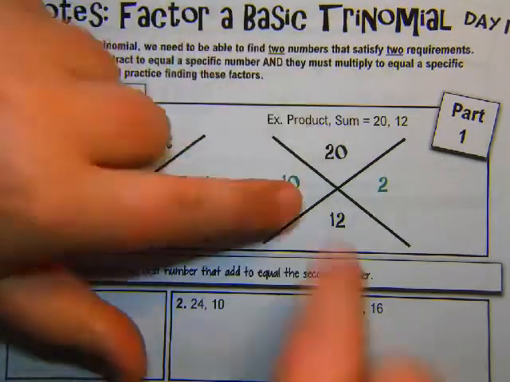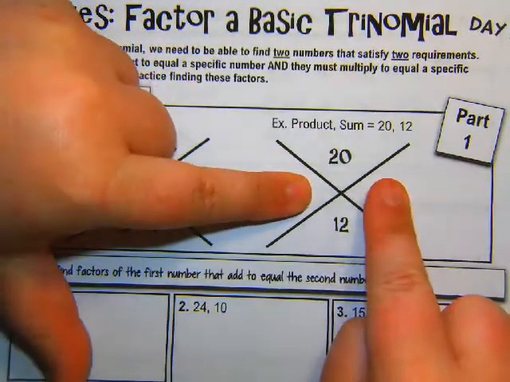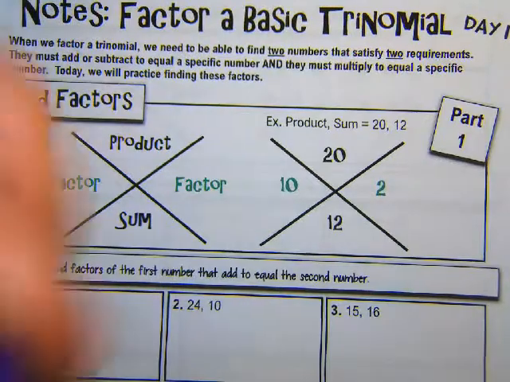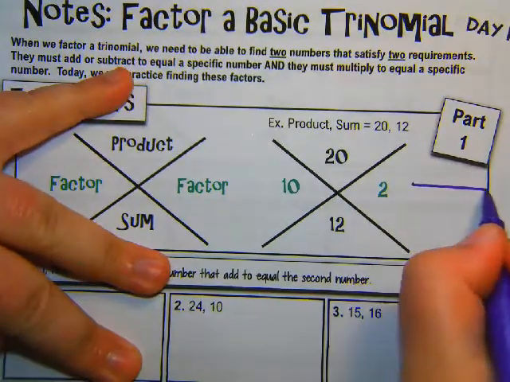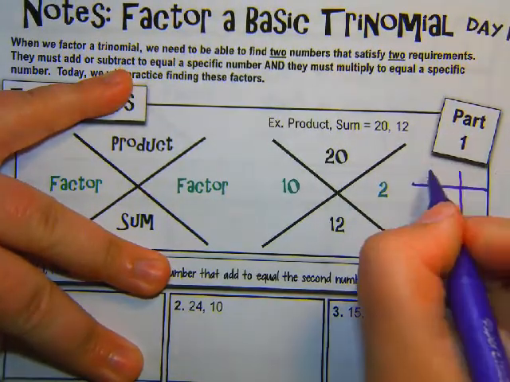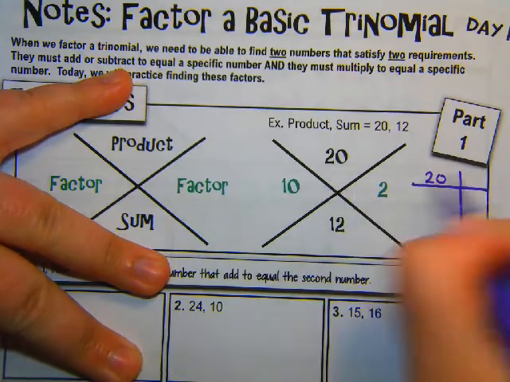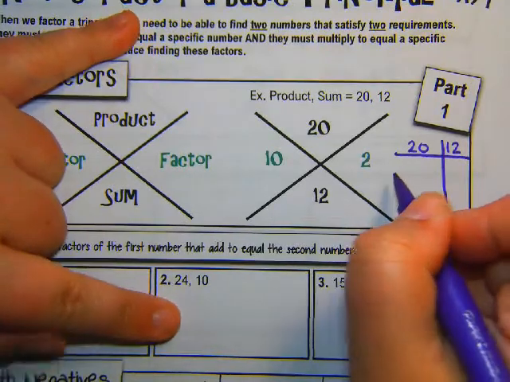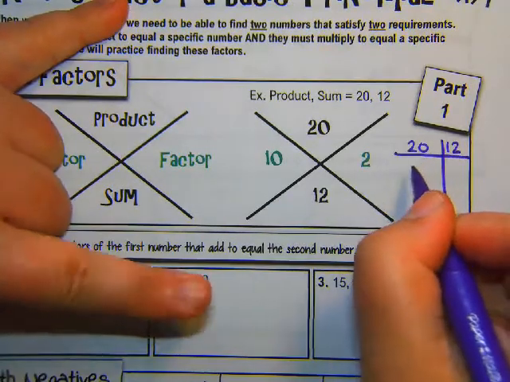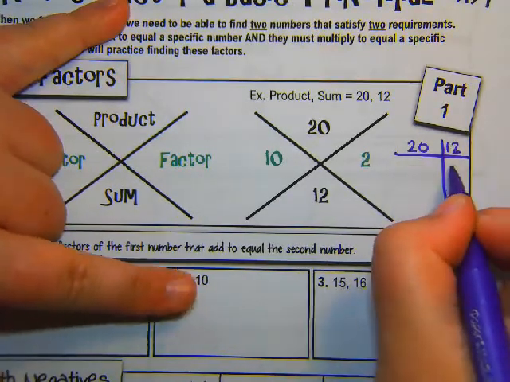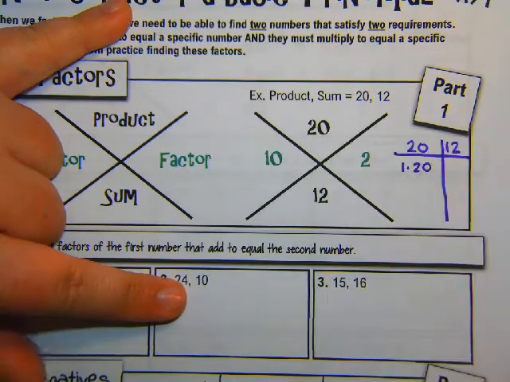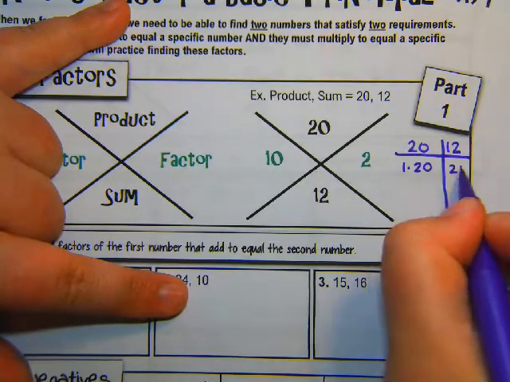So if we look here, you can see here that the 20 is the product and 12 is the sum. So I like to make a little table. And here's the product, 20, and here's the sum, 12. And what I'm going to do is find numbers that multiply to 20 and then add them together and see if they're 12. So for example, 1 times 20 is 20. When I add them, I get 21.